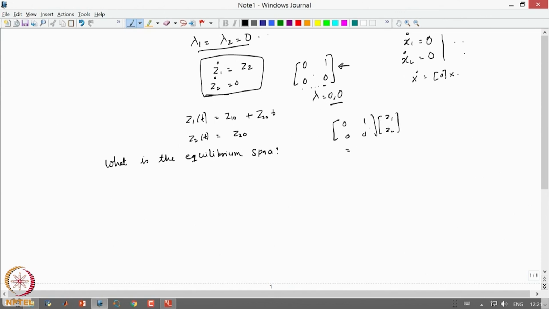So, this will give me that Z2 equals 0, and therefore, the entire Z1 axis is the equilibrium subspace.